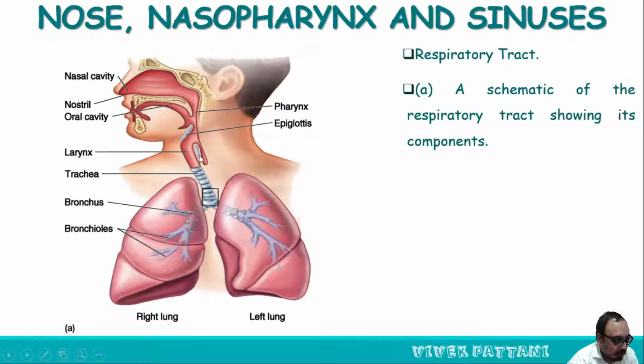Next comes the larynx, trachea, bronchi, bronchioles, which as a whole consist of the left and right lungs.